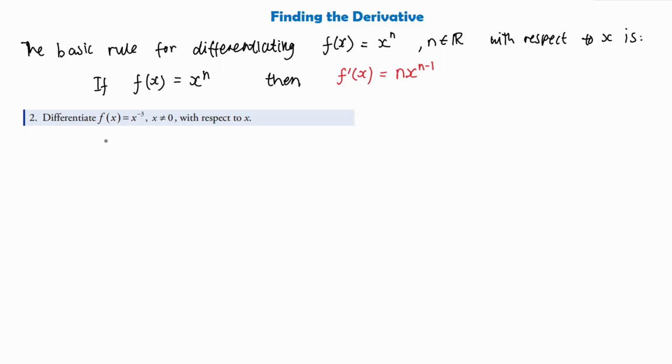So we would say that our derivative, f dashed x, is equal to, bring the power down to the front, minus 3, multiply it by the x, and take away 1 from the power. So minus 3 minus 1 is going to give us negative 4. And this is our derivative.